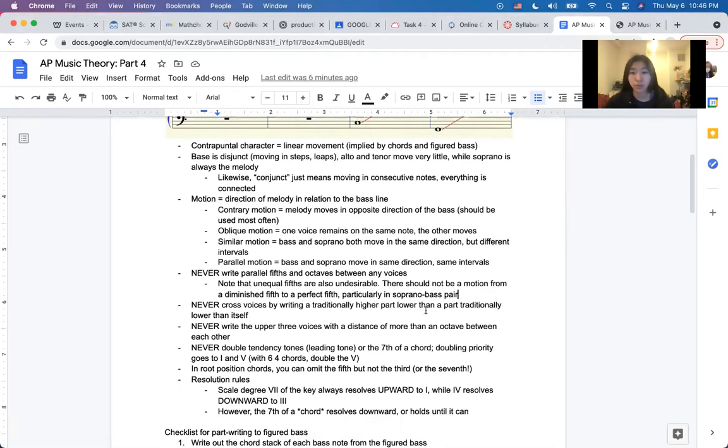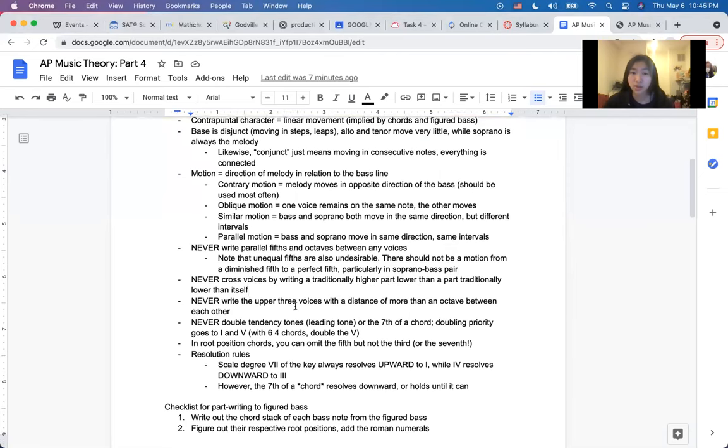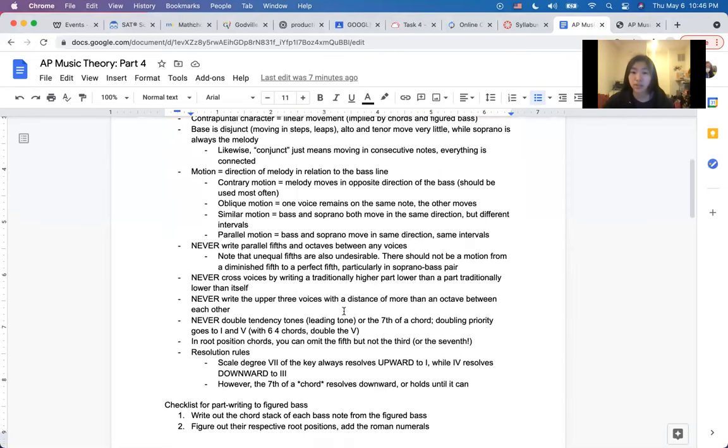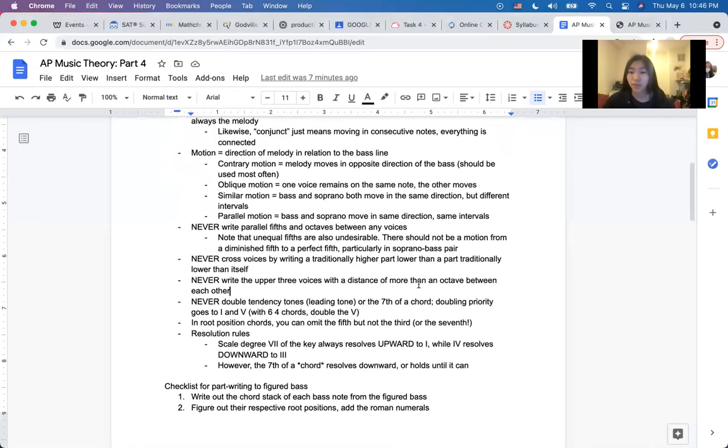You also never want to cross voices by writing a higher part lower than a lower part. For instance, you wouldn't want to write the soprano lower than the alto. Similarly, you don't want to cross the tenor with the alto or with the bass. You should also never write the upper three voices, tenor, alto, and soprano, with a distance of more than an octave between each other.